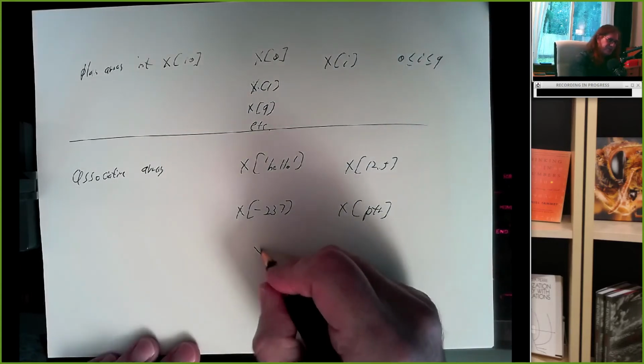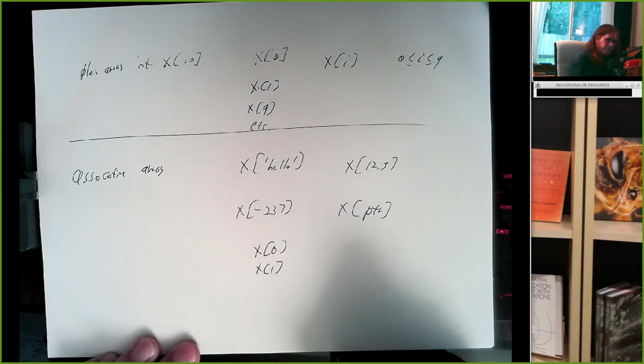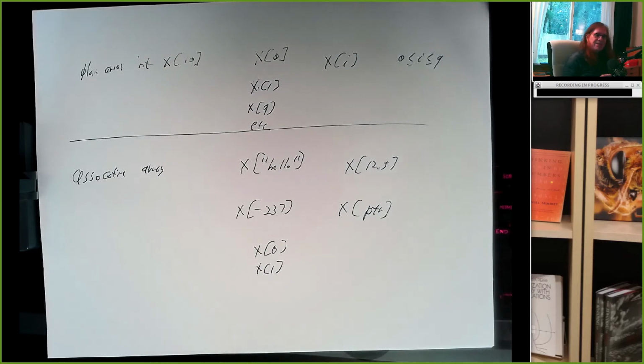Or we could also do x bracket 0, x bracket 1. But we can use pretty much anything for the index of this array. And anything is valid.